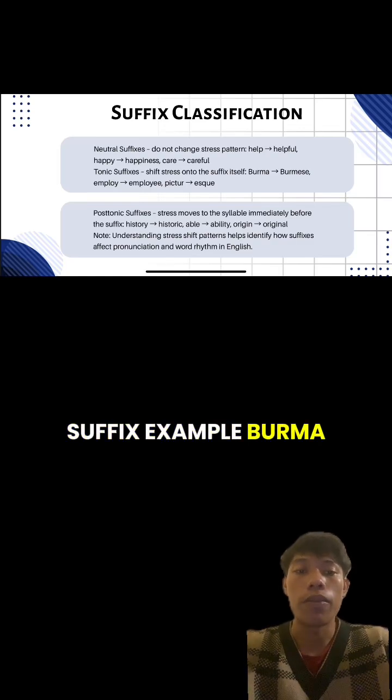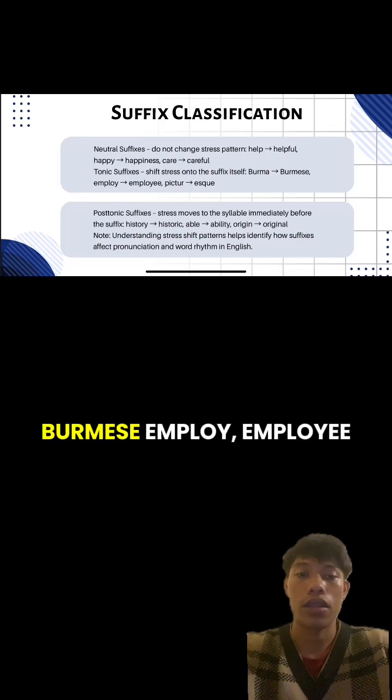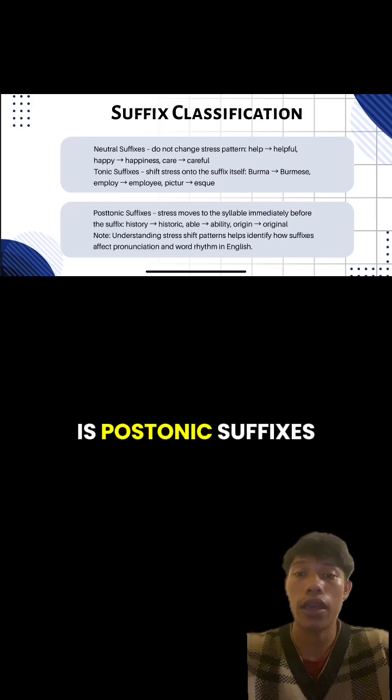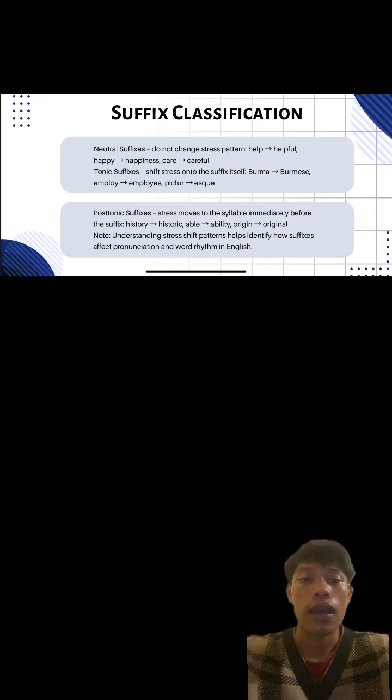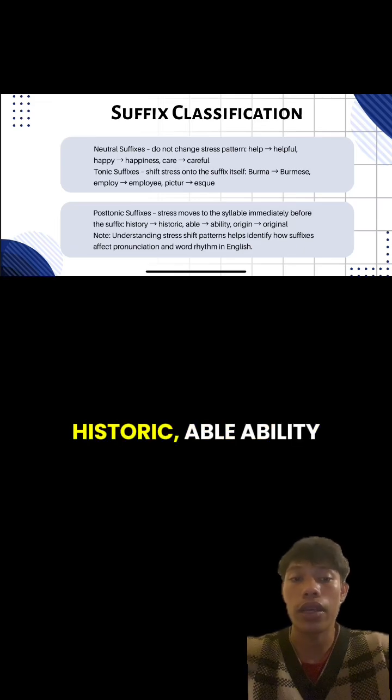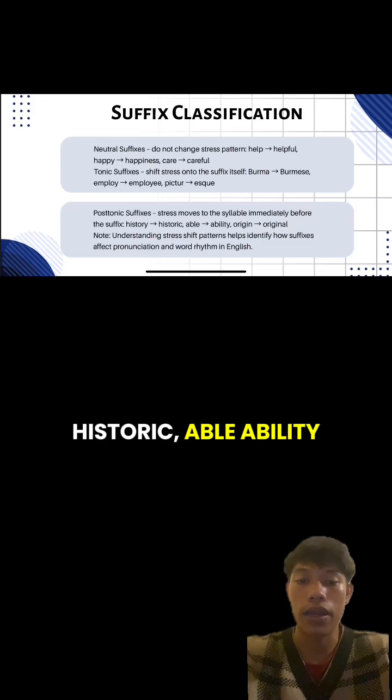Examples: Burma, Burmese, employ, employing. And the third is pretonic suffixes. They move the stress to the syllable before the suffix. Examples: history, historic, able, ability.